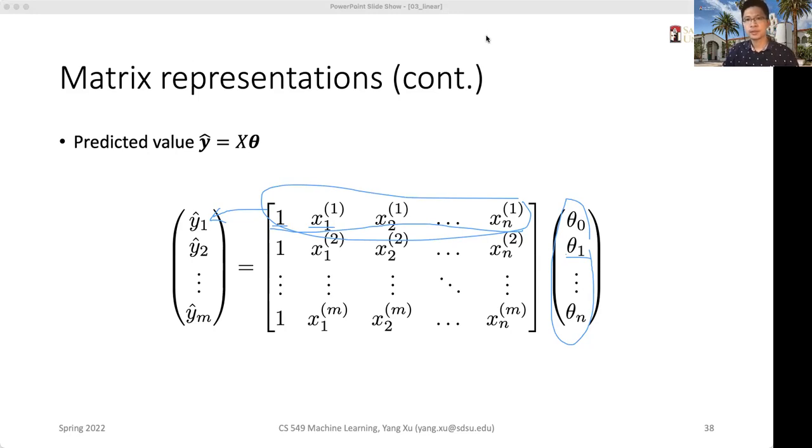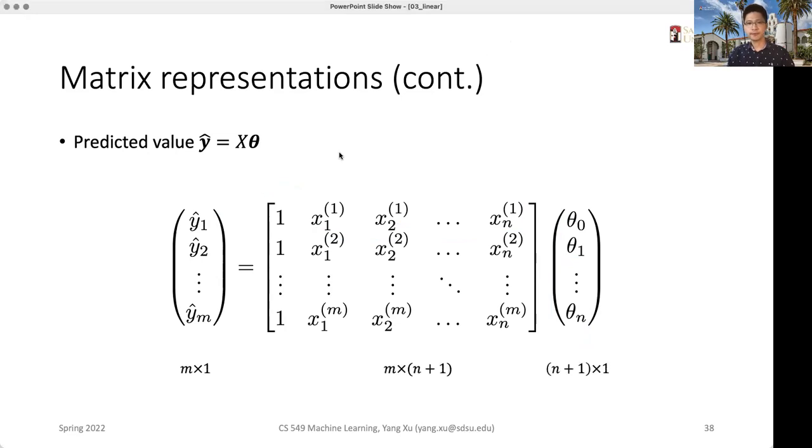So that's how we write it in matrix multiplications. And if we check the dimensions, they need to follow the principles of matrix multiplication. We have the number of columns here matching the number of rows of theta.